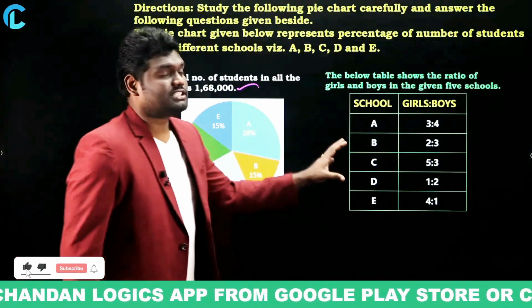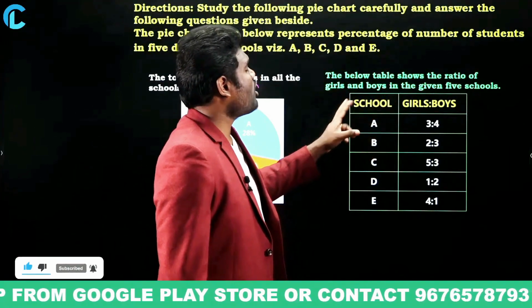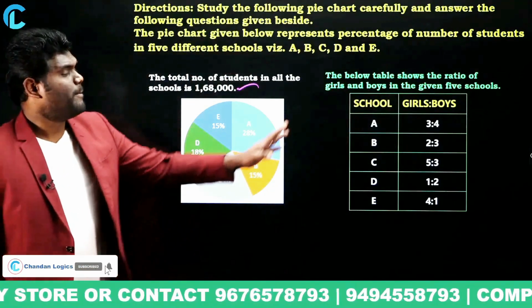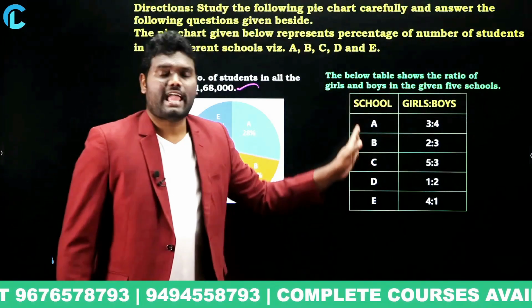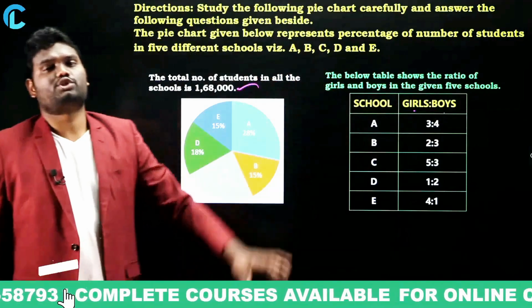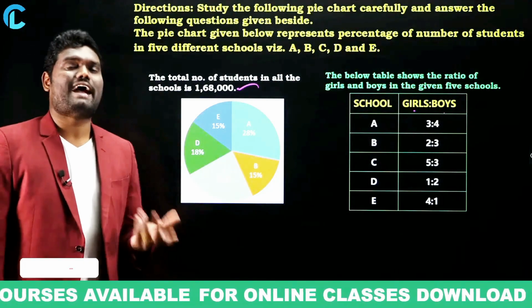Next, the tabular graph shows the ratio of girls and boys in the given 5 schools. Here the girls to boys ratio is given for each and every school. Now based upon this we have some questions.